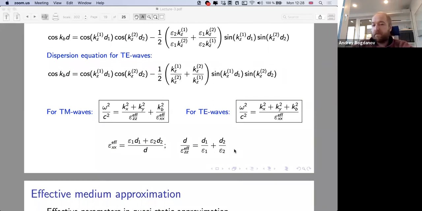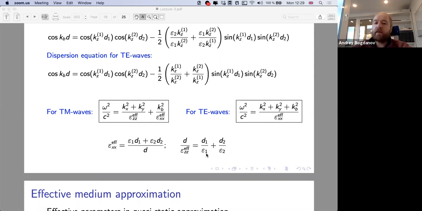What is interesting, guys, is, for example, when one layer is metal and one layer is dielectric. In this case, it is possible to find some regimes when, for example, ordinary permittivity is positive, but extraordinary permittivity is negative.